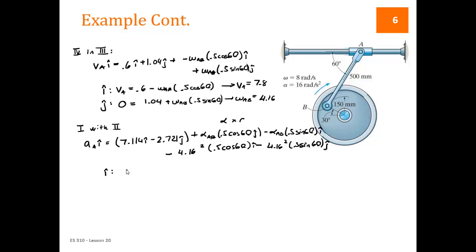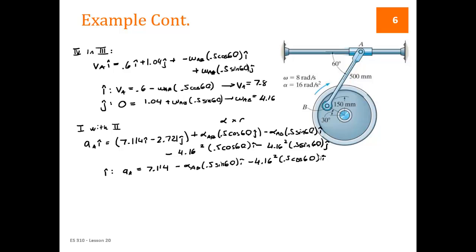We look at the I hat direction. We get AA is equal to 7.114 minus alpha AB times 0.5 sine of 60, and then minus 4.16 squared times 0.5 cosine 60.